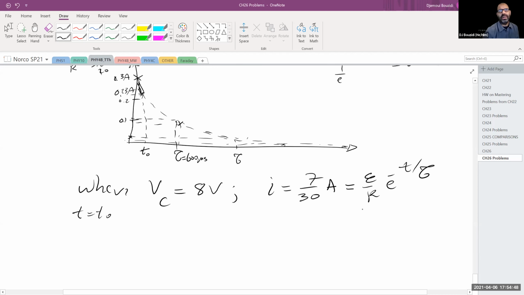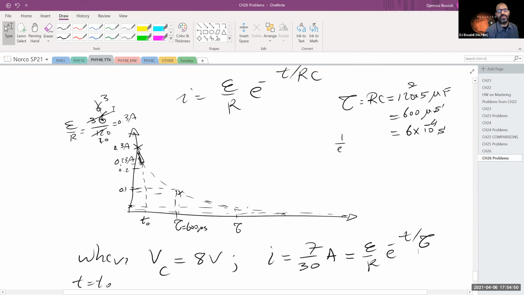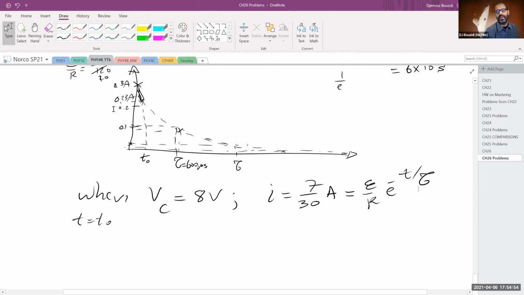And epsilon over R is that number that I just wrote, which is 3 over 10. So this 7 over 30 must be equal to 3 over 10 times exponential of negative T over 600 microseconds, okay? So this is an equation. Now, obviously, this time has to be T naught.